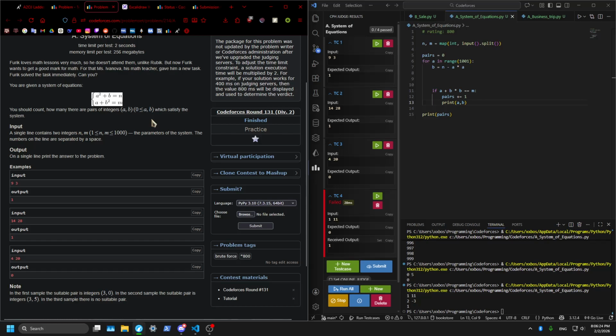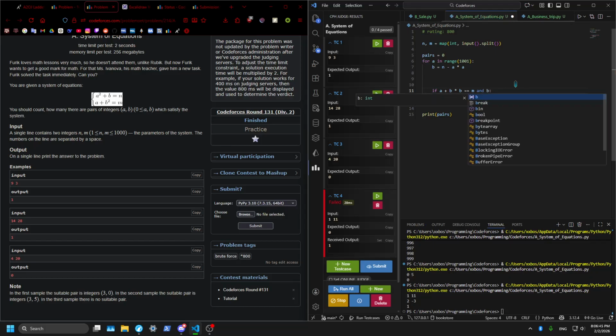A and B are supposed to be greater than 0. And B is greater than 0.